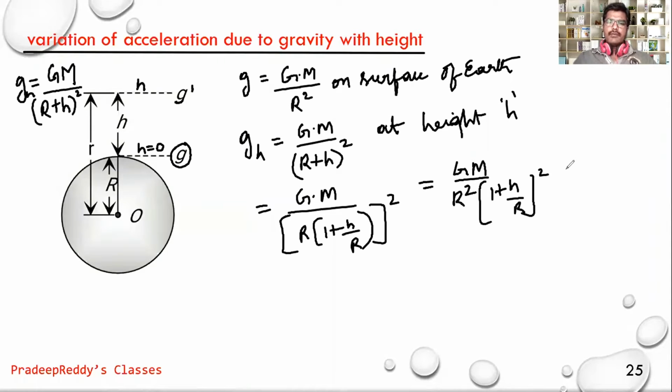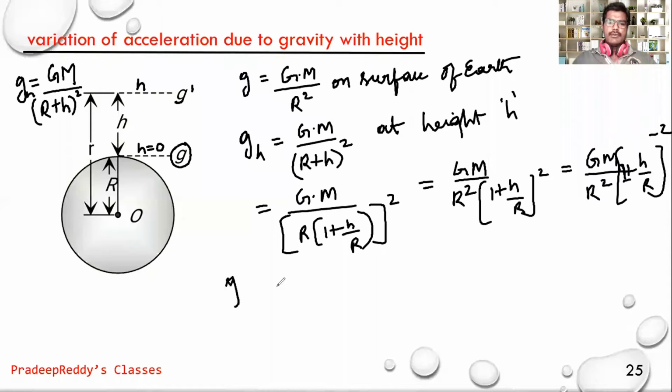This is equal to capital G, capital M divided by R square into (1 plus h by R) whole power minus 2.